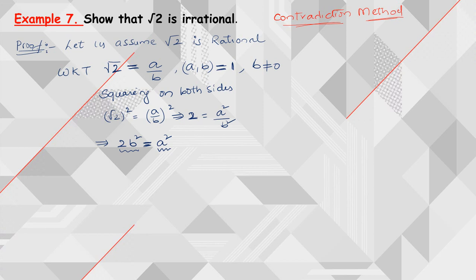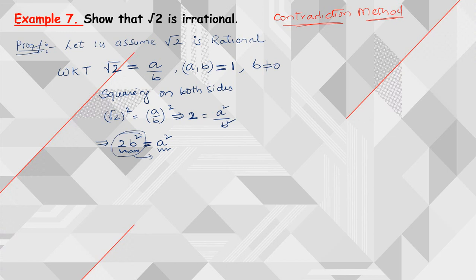This a square is nothing but 2 times b square, which means it is an even number. So this whole value is a multiple of 2, which is equal to a square. So clearly a square is a multiple of 2.